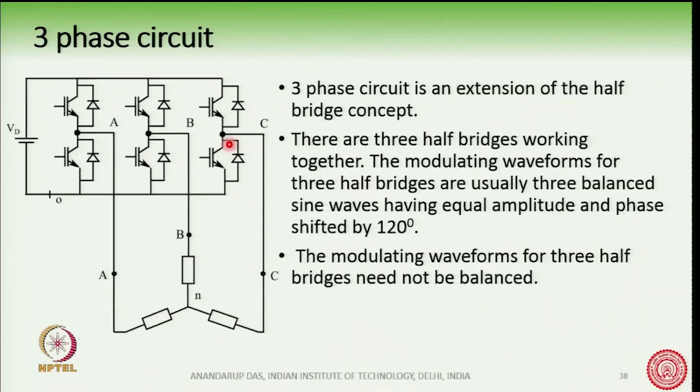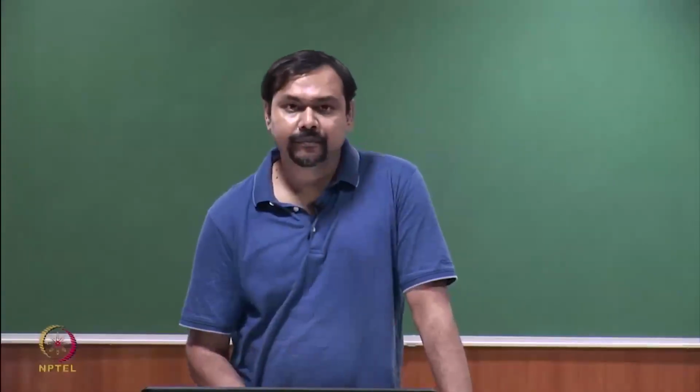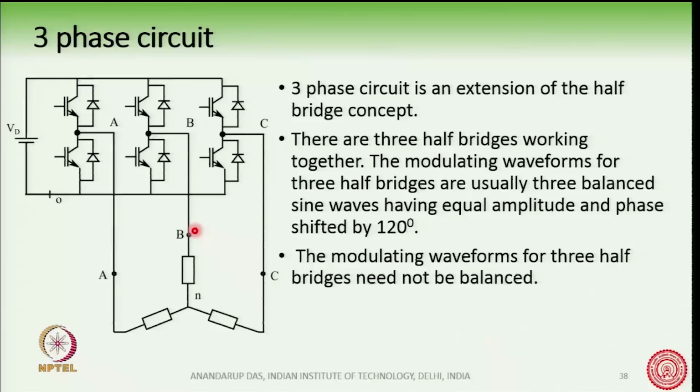So, how will you control the 3 half bridges? Of course, if you want to get a balanced output voltage from this converter, we will give 3 balanced sinusoidal references to the 3 legs, and they will be equal in magnitude and phase shifted by 120 degrees, that is the balanced amplitude. Although this is true, I must mention that the 3 modulating waveforms need not be balanced.